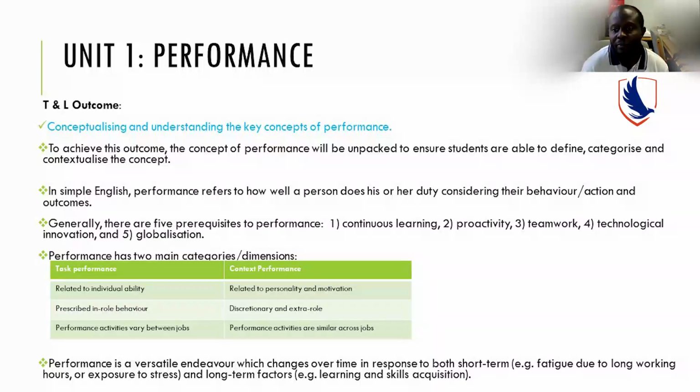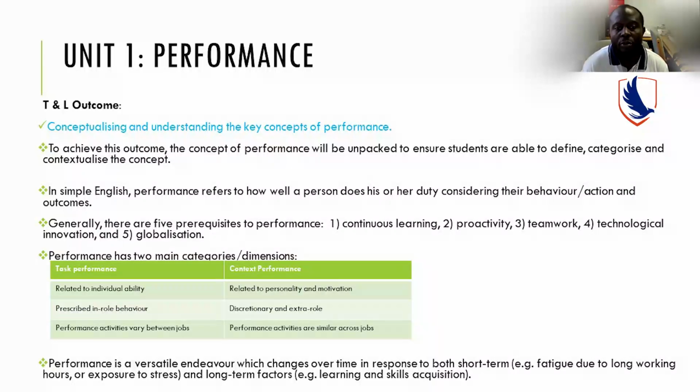Number 2, there is a need to be proactive. Number 3, teamwork is so important in terms of achieving performance. Number 4, technological innovation is at the center of performance today. And number 5, globalization. More details are given about each of these prerequisites in the standard unit.